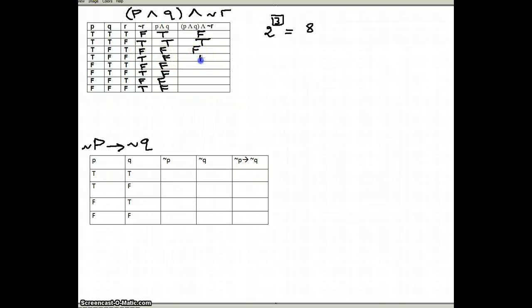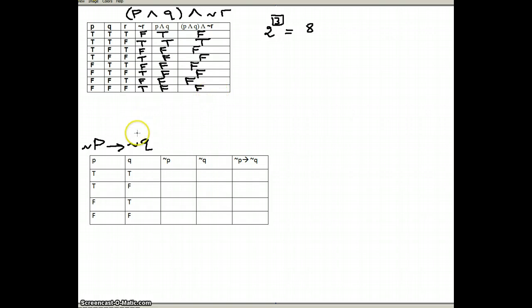True and false is false. False and false is false. True and false is false. False and false is false. True and false is false. And so the last column of my table would be the end result for this truth table.